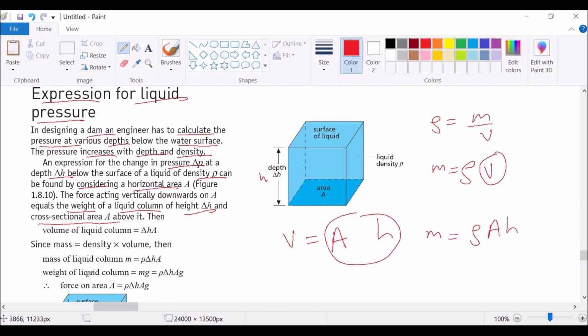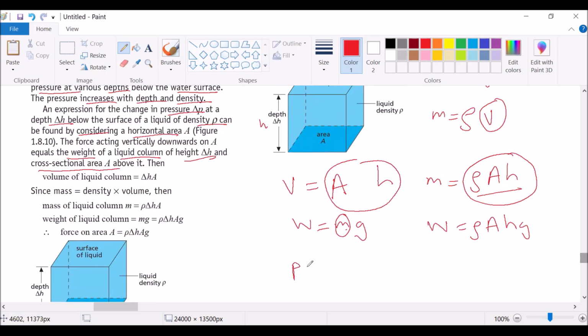Now, the weight is equal to mass times acceleration due to gravity. Our mass is rho AH, so our weight is equal to rho AHG. What we have done here, we have substituted M here with rho AH. So rho AHG is our weight.